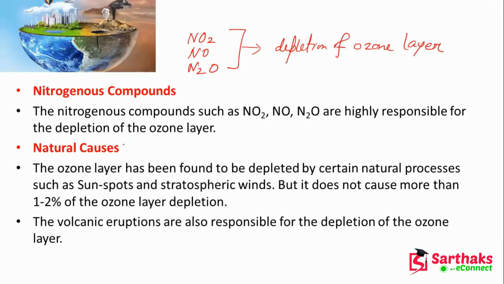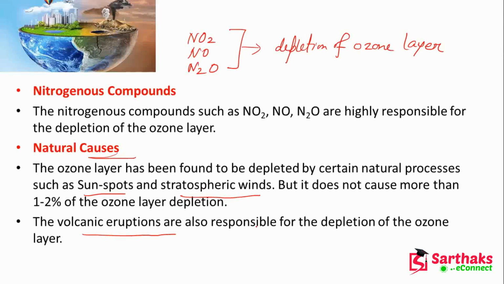And natural causes are also there. What are the natural causes? You can see that the ozone layer has been found depleted due to sunspots and stratospheric winds, but these do not cause more than 1 to 2% of the depletion. And volcanic eruption is also responsible for the depletion of the ozone layer.